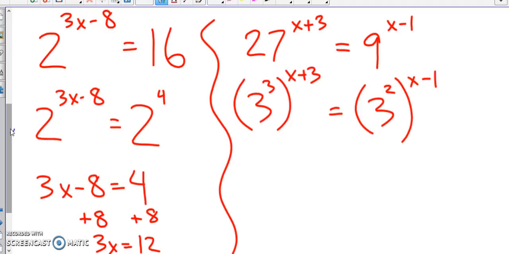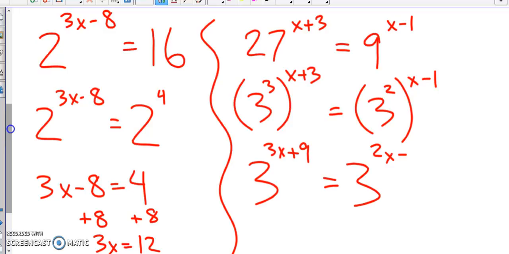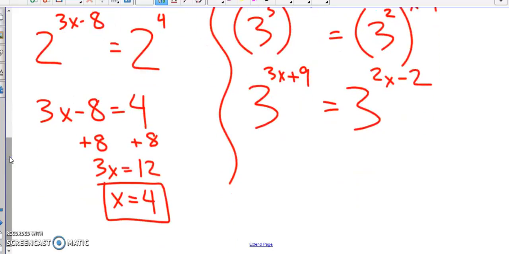No, you multiply. So basically, I'm going to need to distribute this 3 to x plus 3, and this 2 to x minus 1. So that's going to look like 3 to the 3x plus 9 equals 3 to the 2x minus 2. And now, it should be fairly obvious where you proceed from here. You do the same thing we did on the left.